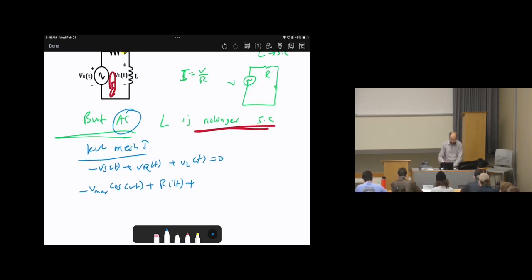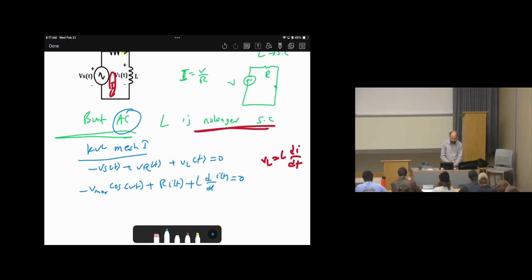Then plus VL. What's the voltage across the inductor? Do you remember the inductor formula? VL equals L di/dt. So that's what we will substitute: L d/dt of i(t), equals 0.